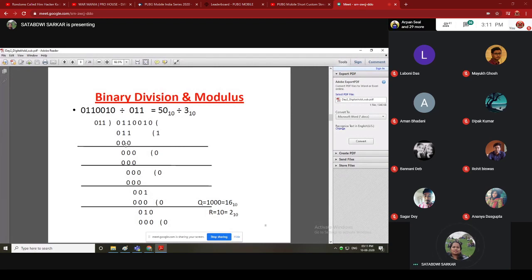This is 1. We are getting 0 0 0, and again with 0 we are having 0 0 0. And here the final remainder is 1 0. So this is 1 0, this is 2. 2 is the remainder.